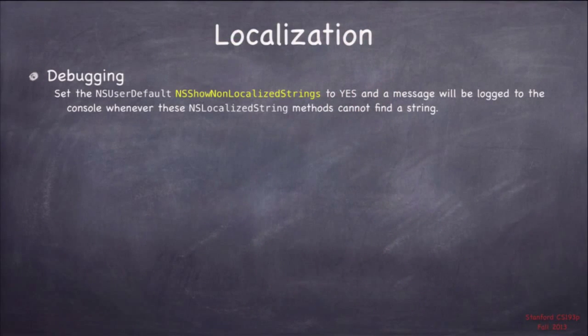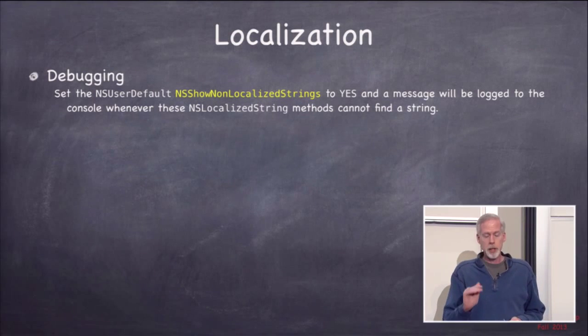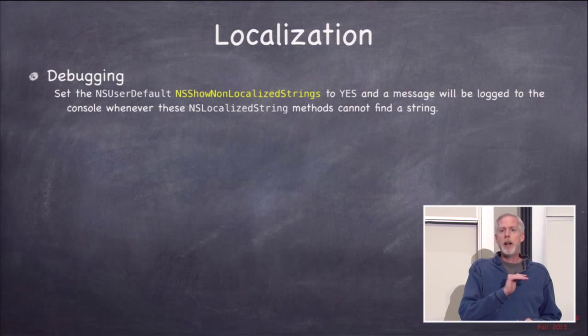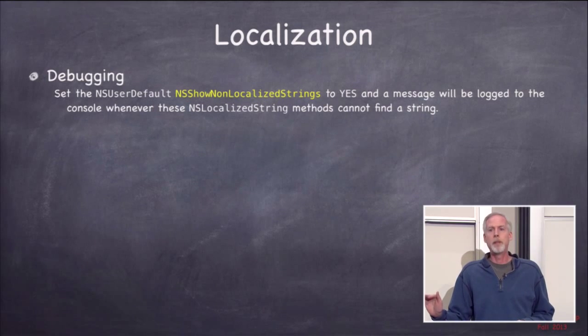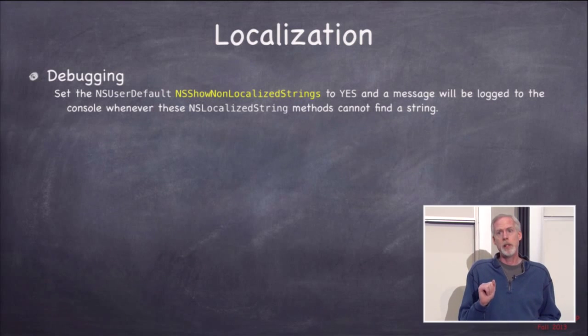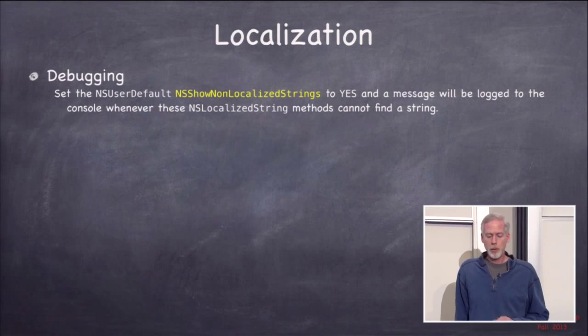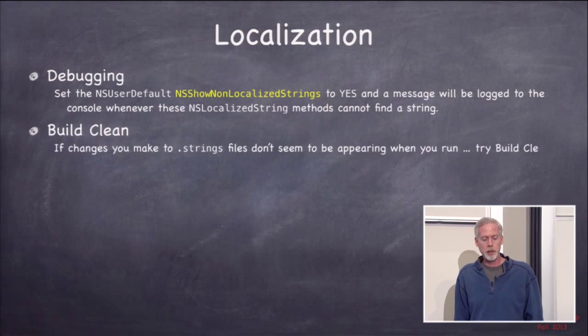Okay, a couple of things about debugging localization. There's a really nice user default that you can set, NSShowNonLocalizedStrings. And every time one of those NSLocalizedString, I say methods, but really they're macros, anytime one of those does not find an entry in a strings file, you'll get a little log. Okay, so then you'll know that your localizer missed one. That's important to know, so that when you're doing your QA of your localizations, you can make sure that they're really working.